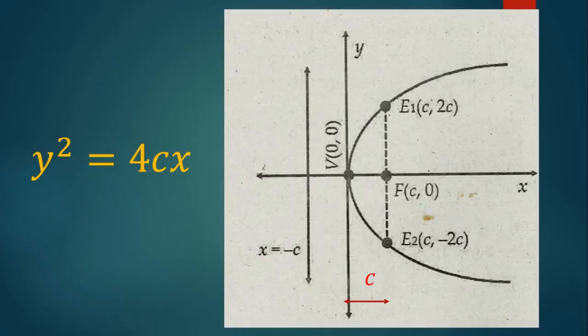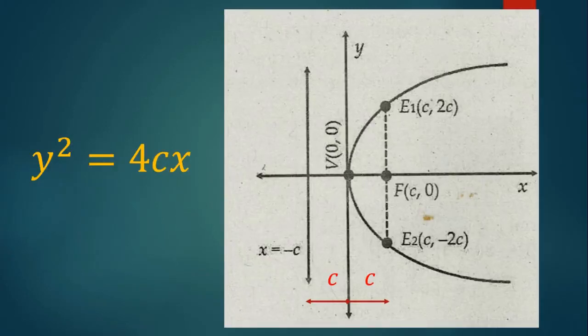And then, pagdating naman dun sa equation of the directrix, since ang distance from the vertex to the directrix is also c, the equation of the directrix will be x equals negative c. Kasi look, the directrix is on the left side of the y-axis.